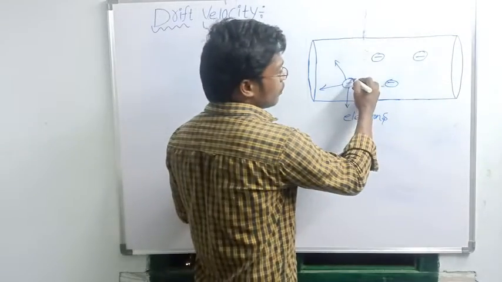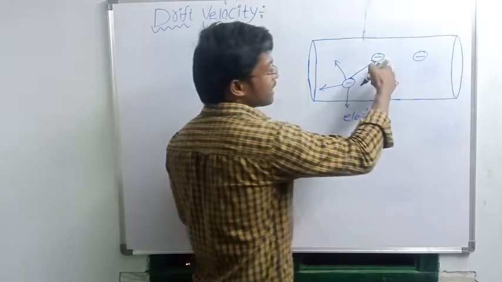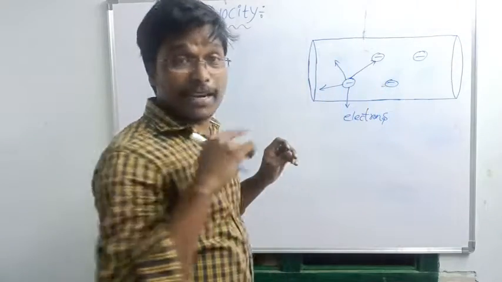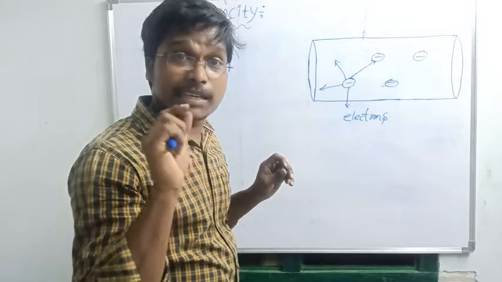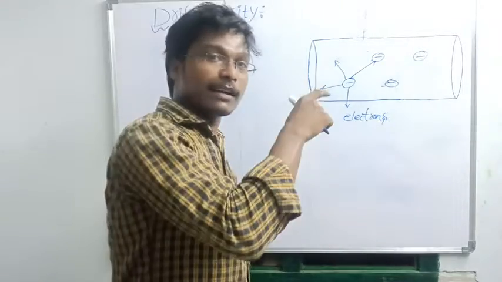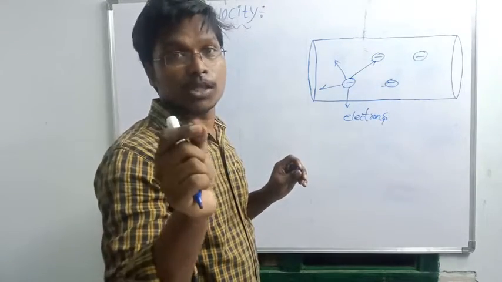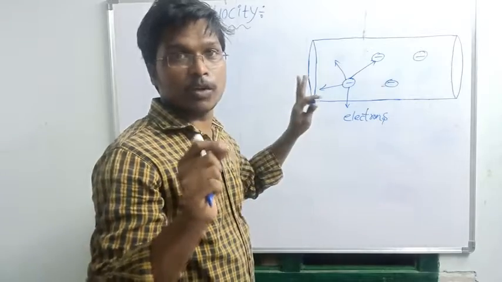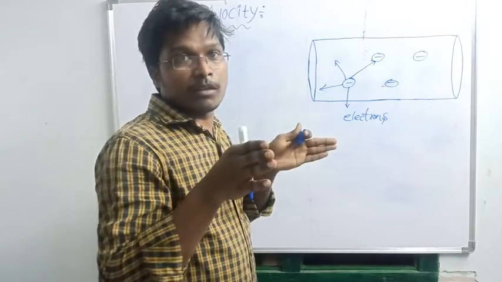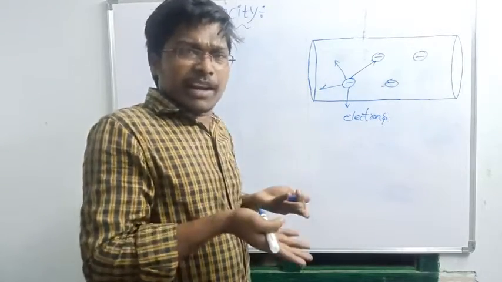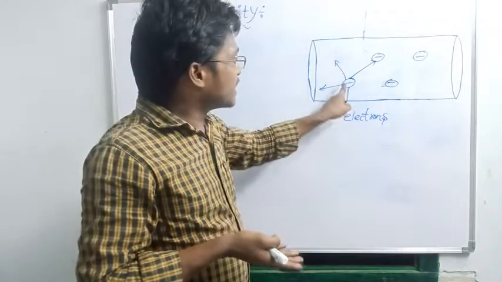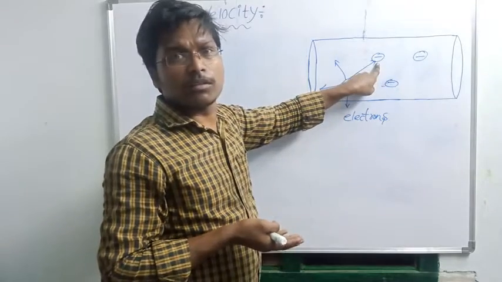This electron will move in this direction and hit this electron. The basic nature of the electrons in a conductor is random motion. It will move randomly. So electrons moving randomly means this electron will move and hit this electron, correct.